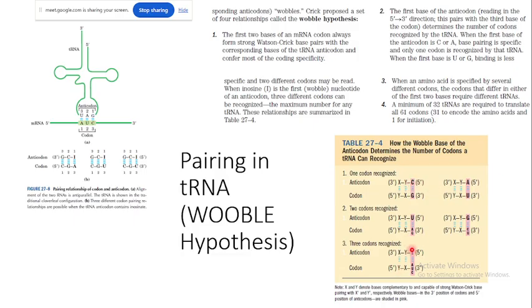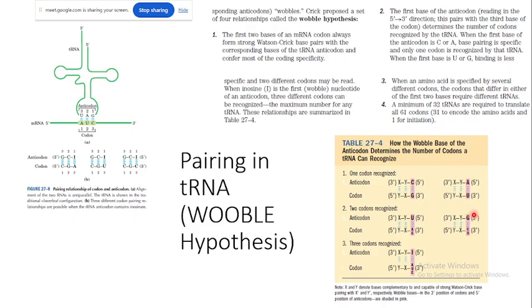But if the wobble position has inosine, then it can recognize YXA, YXU and YXC, three codons. So one anticodon can recognize three different codons, which is not possible here. This anticodon, because it has C in the wobble position, can recognize only the YXG codon, not others. Similarly, when A is in the wobble position, it can only detect the codon YXU, not others.